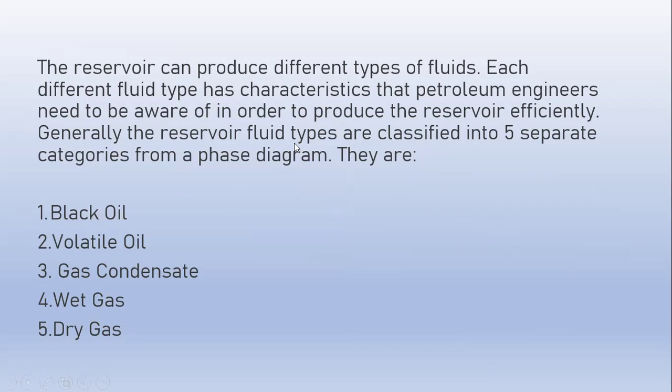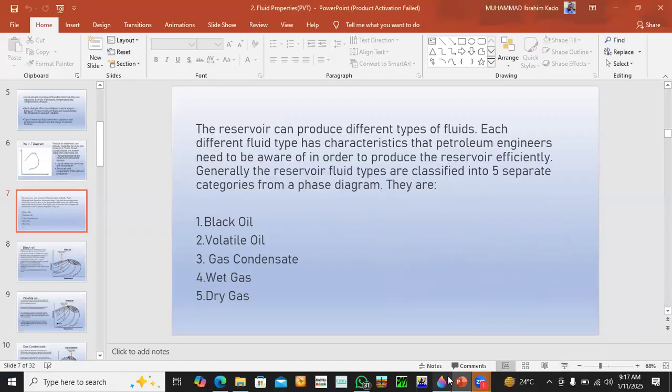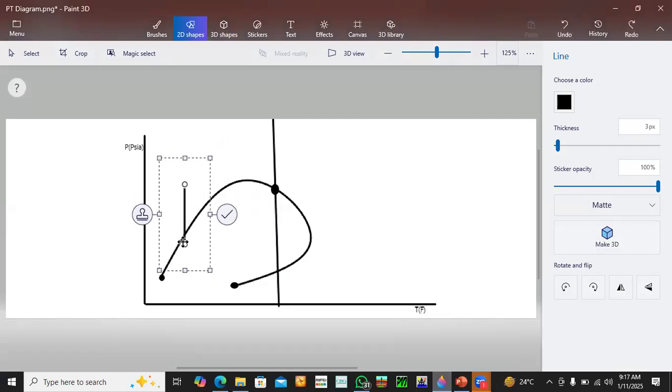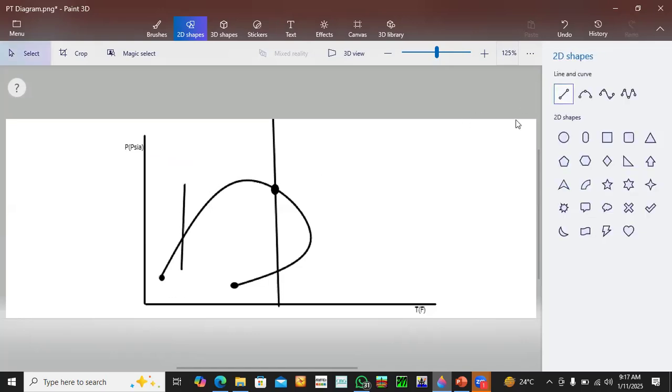What's special about black oil reservoirs is the spacing between the quality lines. The spacing between the quality lines is almost equal, so the oil shrinkage is not as much, compared to condensate reservoirs.